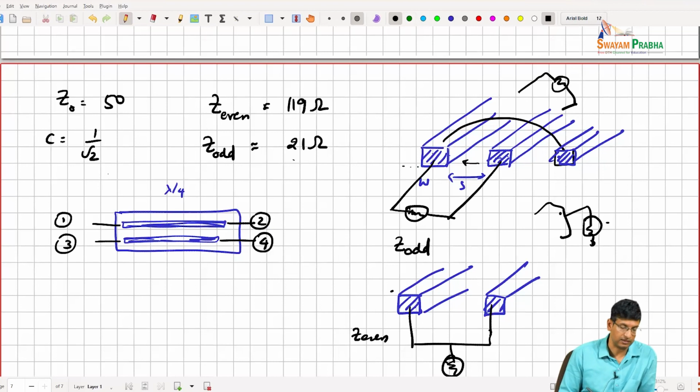When we have built this structure, we have built ourselves something similar to a branch line hybrid. We've built a quadrature structure, right?